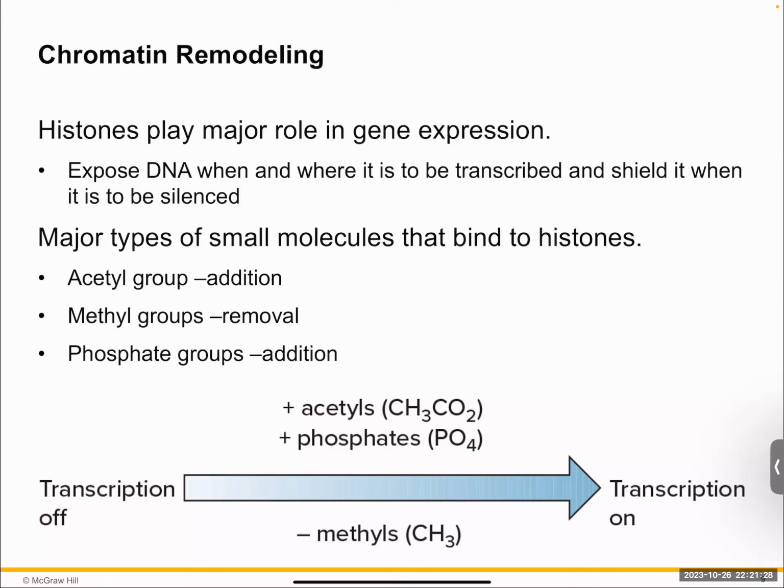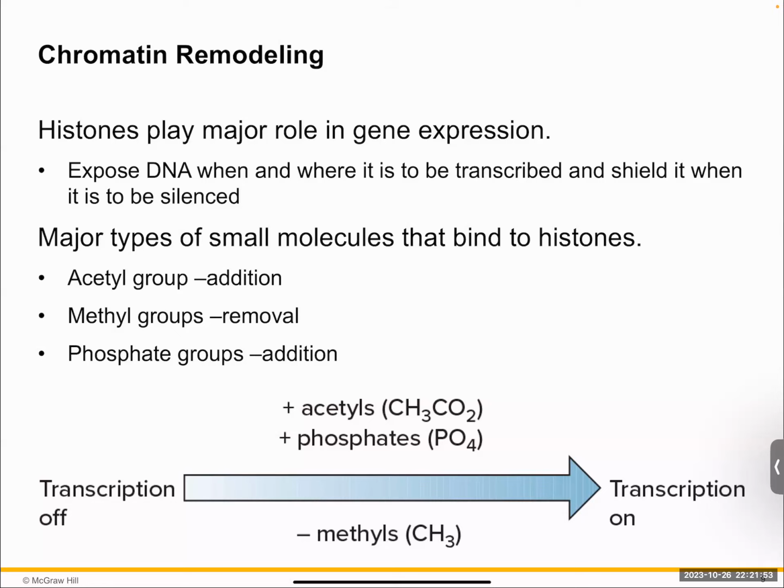When we're looking at chromatin remodeling, there are parts of the DNA that will be exposed because of the way it has been wrapped around the histone, and there are parts of that DNA that are basically unreachable because it is wrapped around the histone and it's not accessible for the process of transcription.